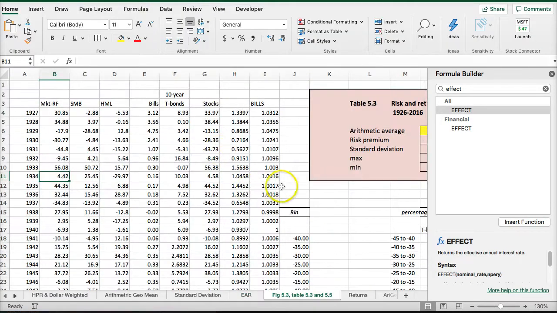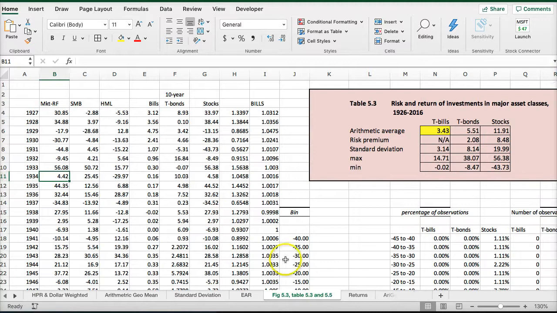Okay, in this table here, we have the year, the market rate minus the risk-free rate, and then we have the returns for treasury bills, and so we should really call this T-bills, bonds, stocks. Now, if you look here, if we take G4, divide by 100 plus 1, we get sort of a total return relative.